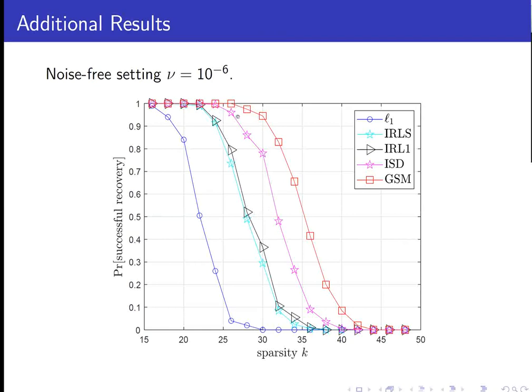And you can see that at some sparsity levels, we're able to always recover the vector, while with other methods their success is between 80 to 95%. And at the other extreme, let's say at a sparsity of 40, we're able to find the correct solution in at least 10% of the instances, whereas for other methods, at least in all the 100 or 200 simulations we did here, the success rate was essentially 0.